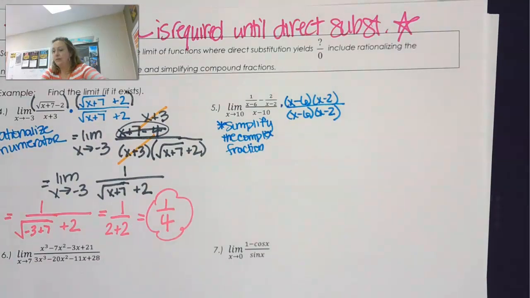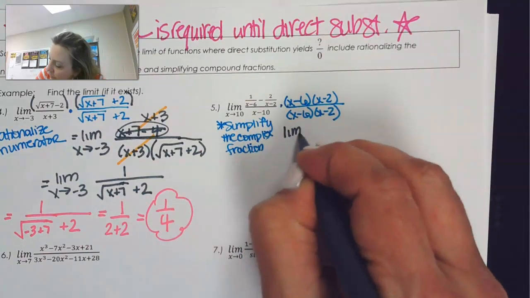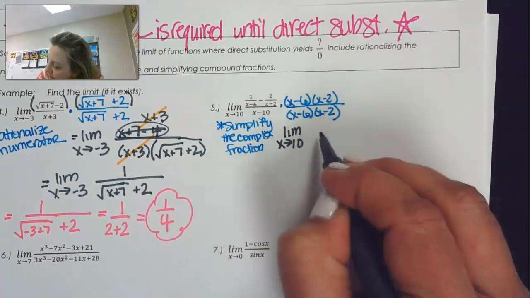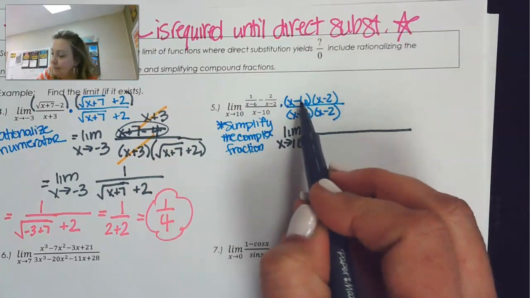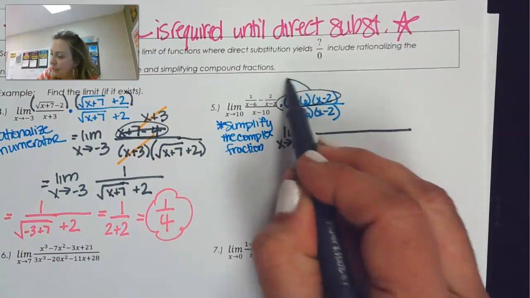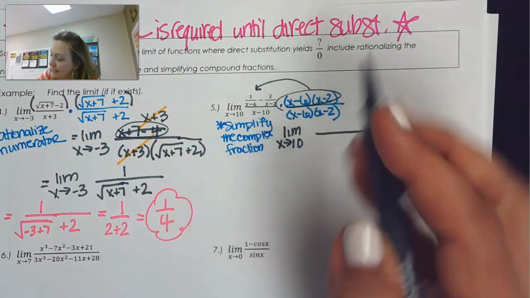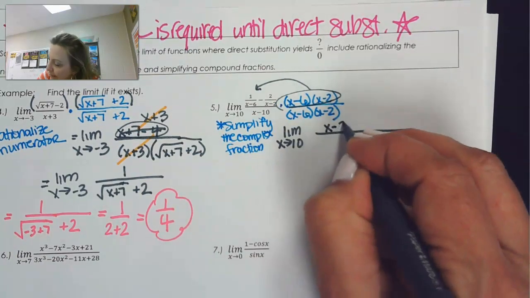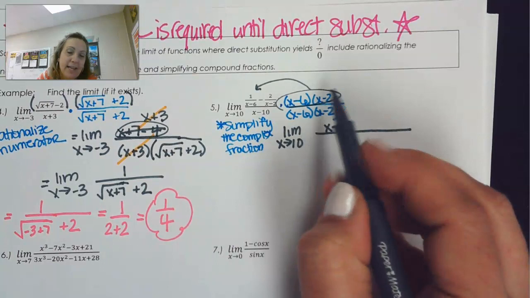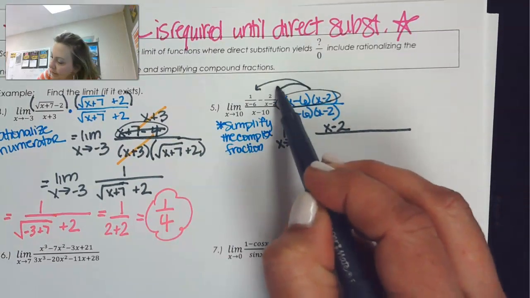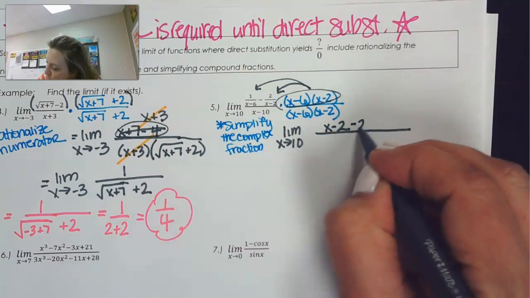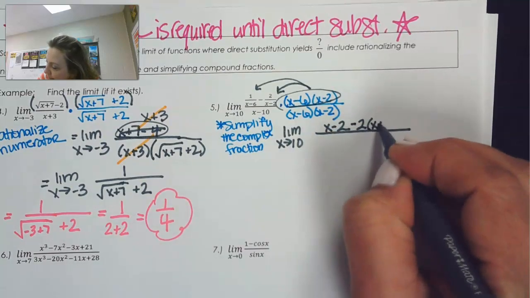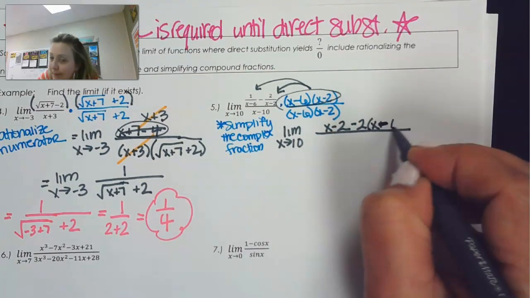Okay. So let's see what happens when we do that. So I'm going to keep my limit notation. And if I distribute this x minus 6 times x minus 2 here, the x minus 6 cancels, and I'm just left with x minus 2. And if I distribute it here, the x minus 2's cancel, and I'm left with -2, and then times x minus 6.